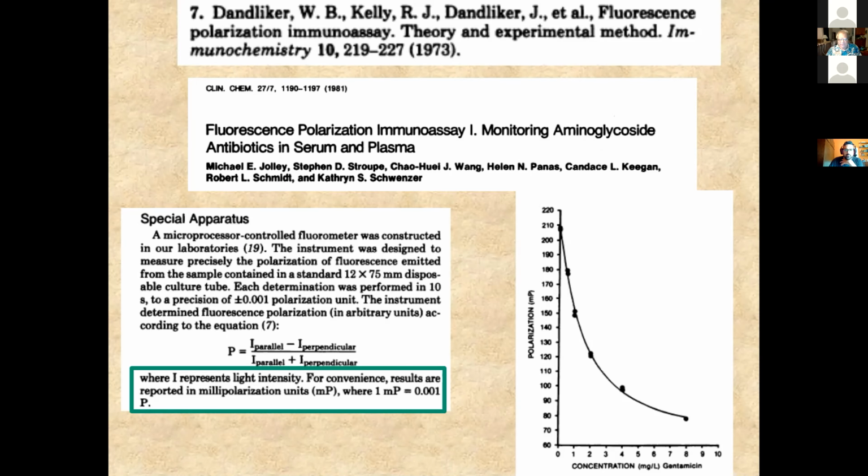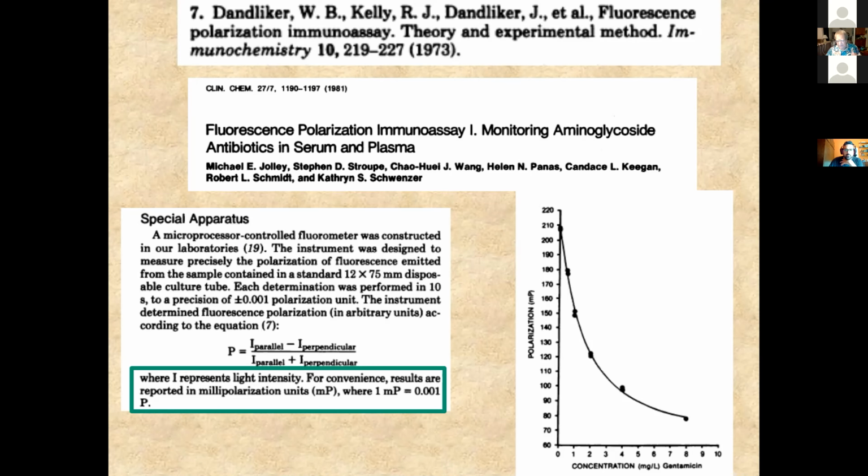This change is so very, very small. It's not very good. So they changed it to millipolarization. Now you're going from 200 to 100. And the doctors all loved that. They said, now we have a change. So, of course, I pointed out you should have called it nanopolarization. You have a really big change. But this is why in clinical chemistry, you will almost always see these millipolarization units, and they call them milliPs.